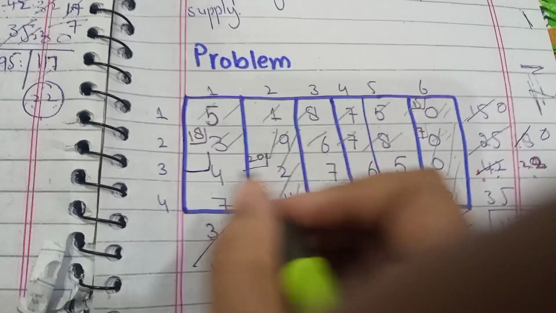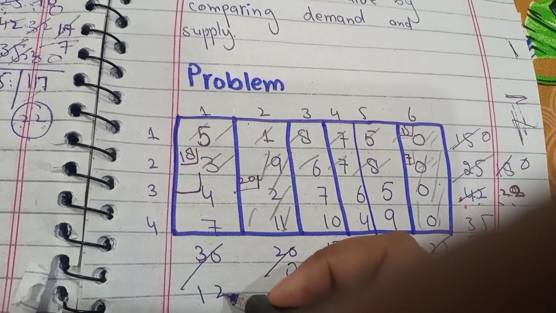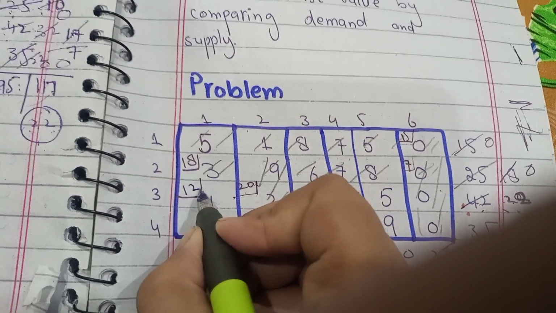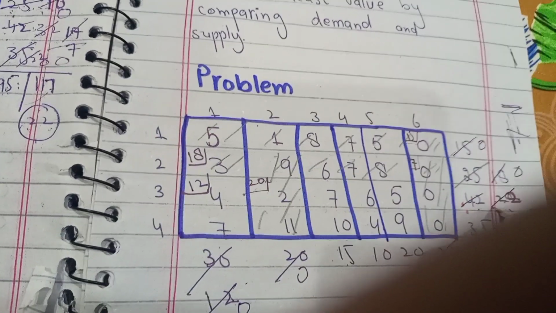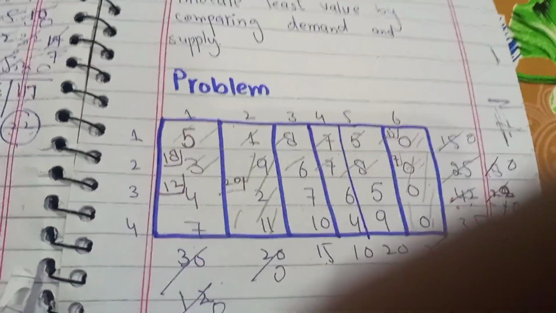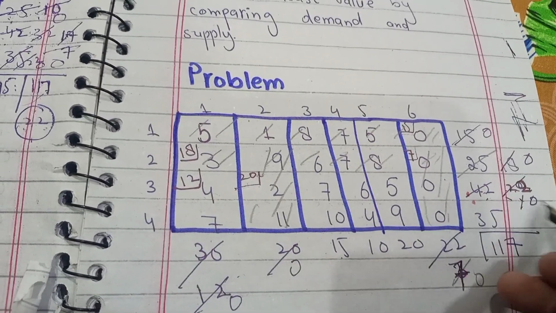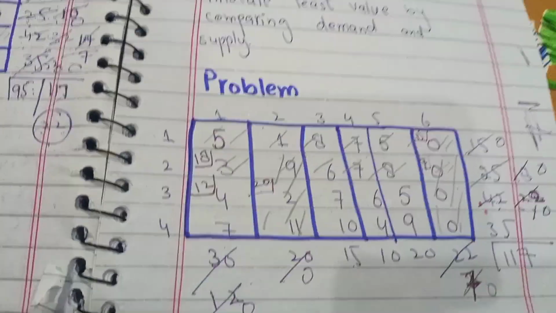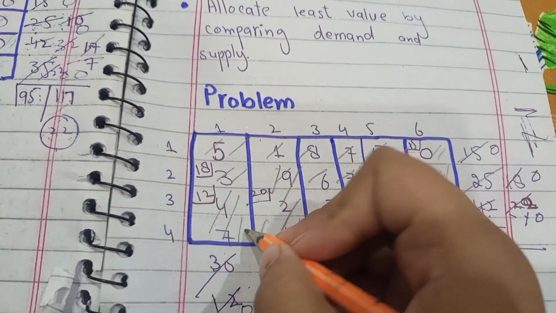With respect to 4, 22 is supply and 12 is demand. We will write 12 here. Here will remain 0 and here will remain 10 because 22 minus 12 equals 10. The whole column will be cancelled out.